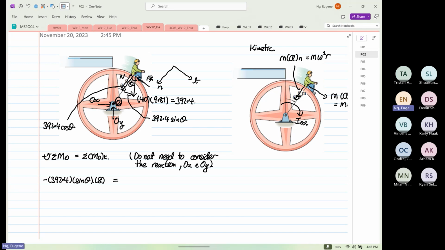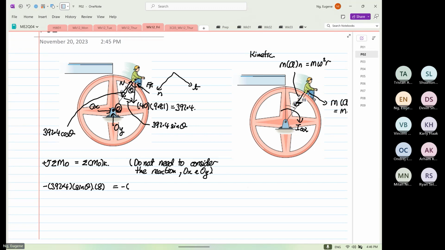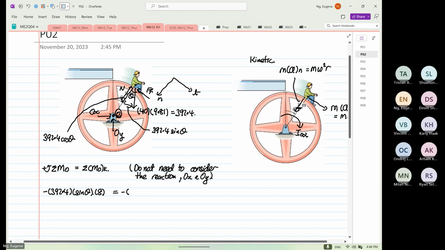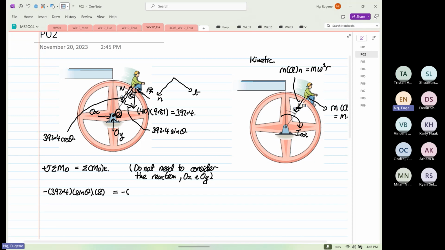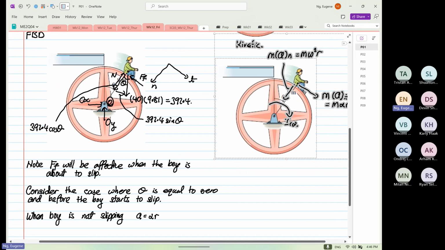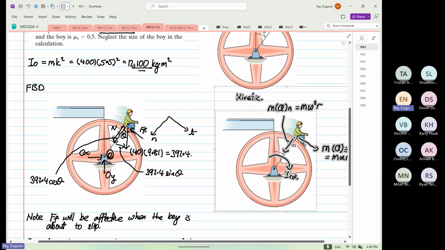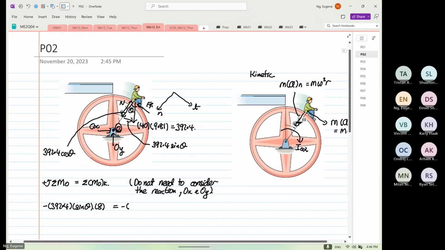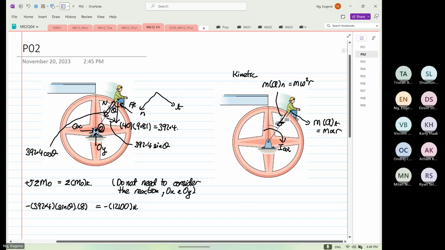So next is I naught alpha. So minus I naught. So 400 mk squared. We did calculate mk squared. So mk squared is equal to what? Mk squared, 12100 alpha. Okay. And then we have to consider our boy.